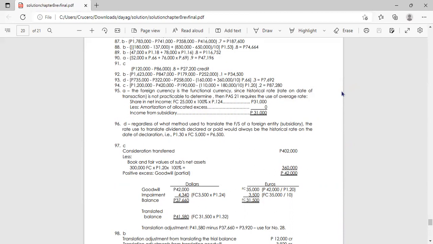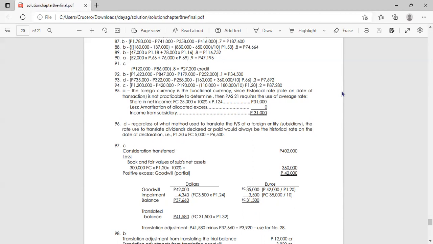At the acquisition date, the following book and market values in LCUs and estimated remaining lives existed for selected assets. So we have now the inventory and the equipment at their book values and market values, and remaining life.